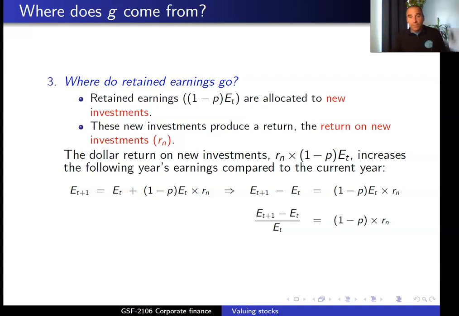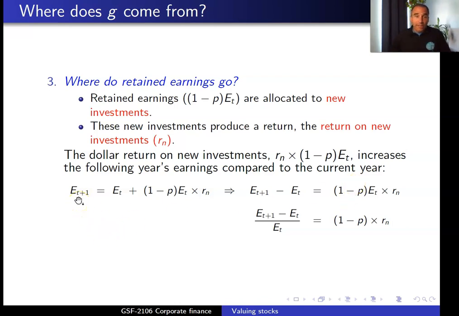These new investments will produce a return that we will call the return on new investments, R_N. So the dollar return on new investments is R_N times retained earnings. And the dollar return on new investments will increase the following year's earnings compared to the current year.